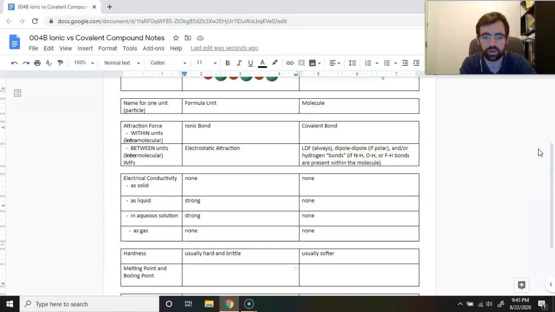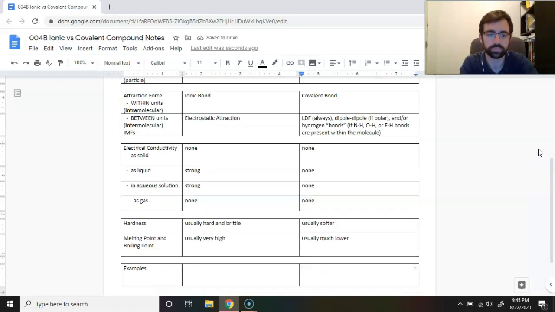Melting and boiling point, well, that's based on the strength of their attractions. For an ionic compound, they tend to be usually very high, and with a covalent bond, it's usually much lower than an ionic bond.